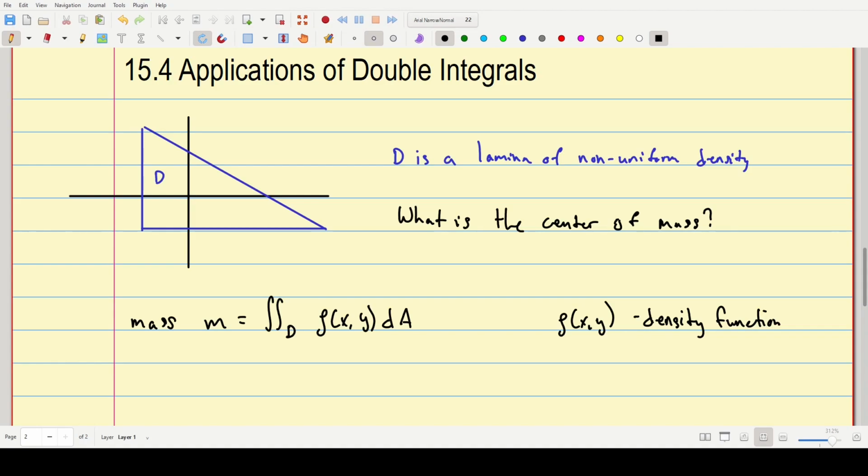Now, in Calc 2, rho was just a constant, right? That's the difference. Here it's allowed to be a function because we can do double integrals now.